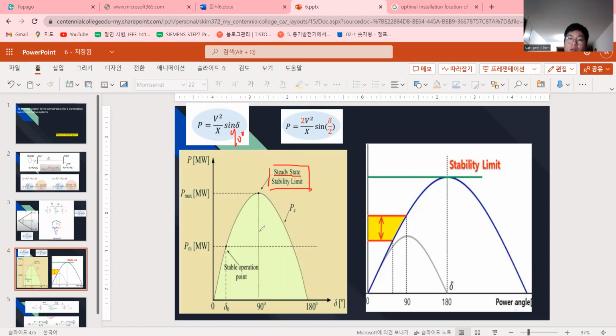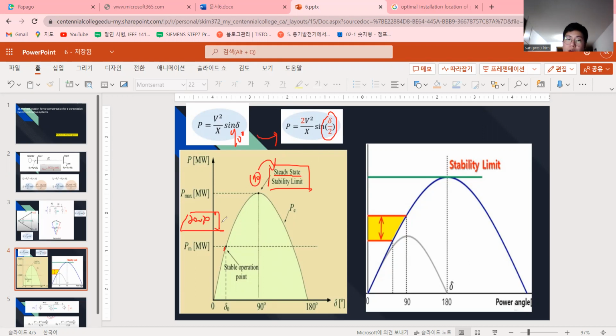So what I mean is our generator's operating angle is between 20 to 30 degrees at this point. But since we added the var compensation, what happened? The angle is going to be double, right? Actually, it cannot go over 90, because if it's over, it's going to break. You know what I mean?